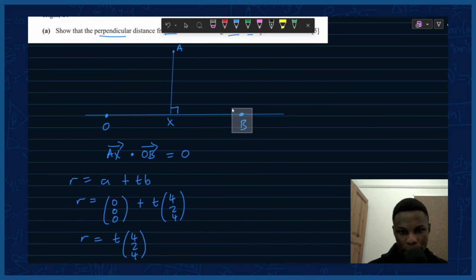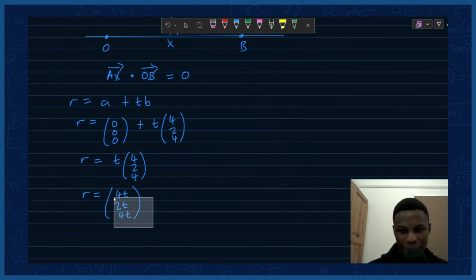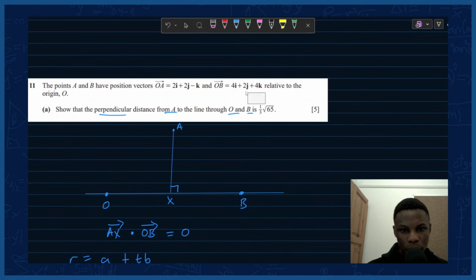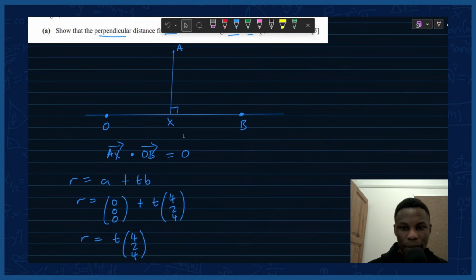So this point B, its coordinates would be satisfied by this. In fact, to get OB, I simply have to replace t with 1. And I hope you can see if I substitute t with 1, I get (4, 2, 4), which is exactly what OB is. But for X, we don't know the actual coordinates of X.